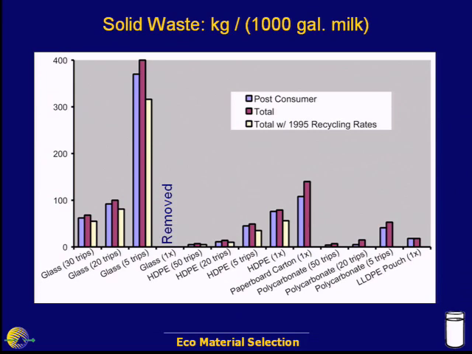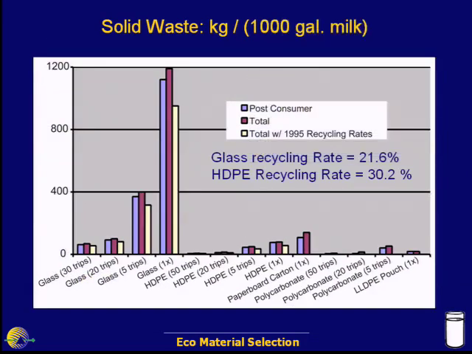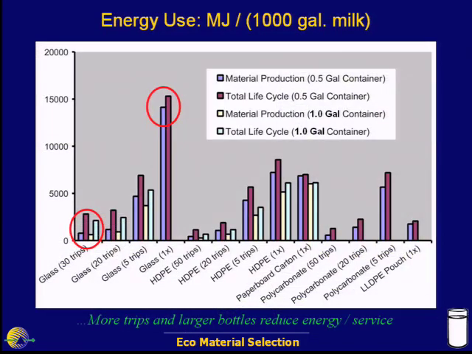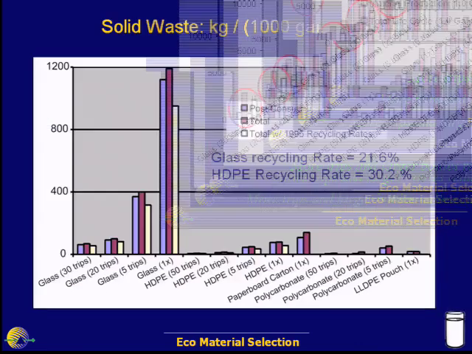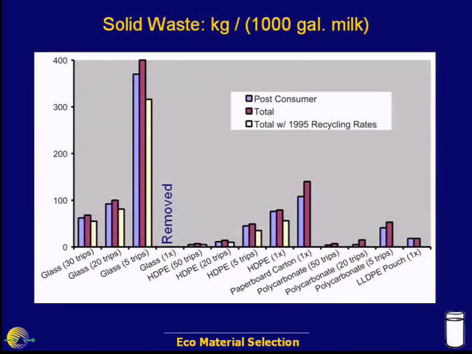Do I have that right? No, I don't. Here's a comparison. High-density polyethylene on the total life cycle in red, more energy than paperboard. Moving down, less solid waste than paperboard. Okay, that's what I meant to say.